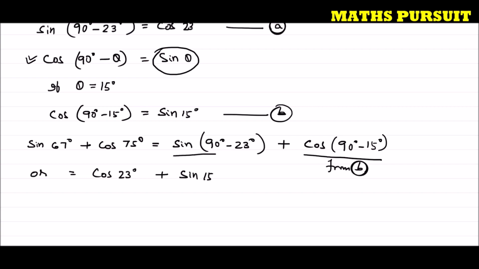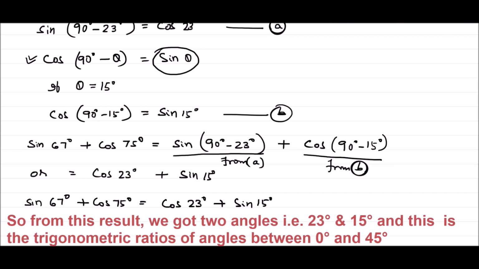Hope, guys, till here we are very clear. From equation A, I wrote this one as cos 23 degree plus sin 15 degree from equation B. So this is our answer, guys. We got sin 67 degree plus cos 75 degree is equal to cos 23 degree plus sin 15 degree. Hope you understood this. This is very simple, clear and straightforward. We just need to remember the trigonometric identities so that we can answer this type of question.